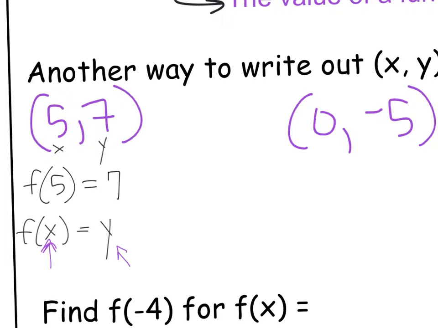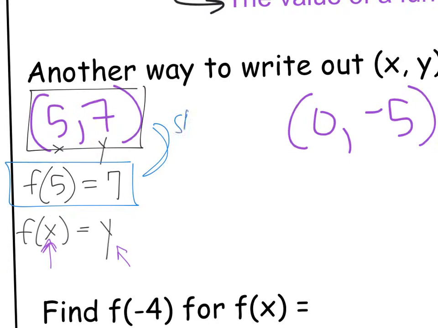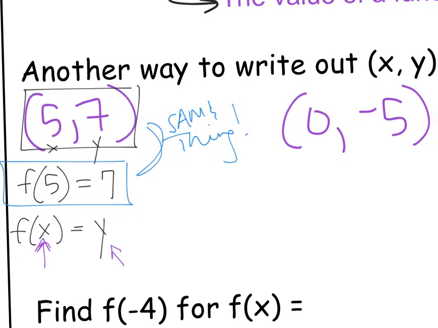So when the function was 5, it gave us 7. So this is another way to write this ordered pair in function notation. These two mean the same thing.